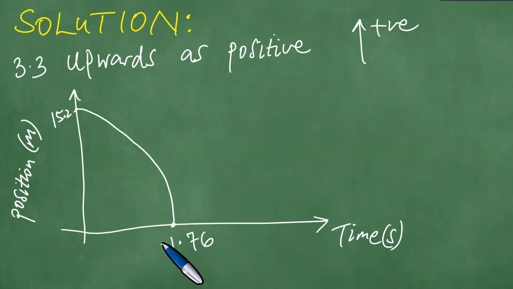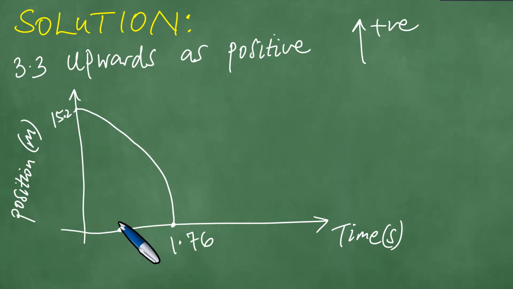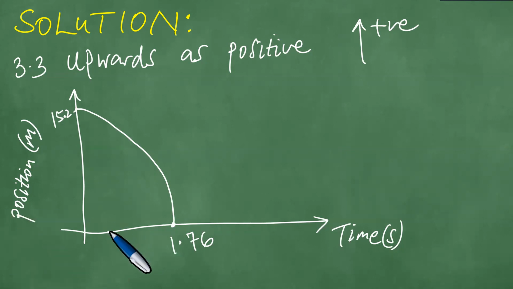And then ball B was thrown up from the ground. When ball B was thrown up from the ground, it went straight up and then down. 0.81.